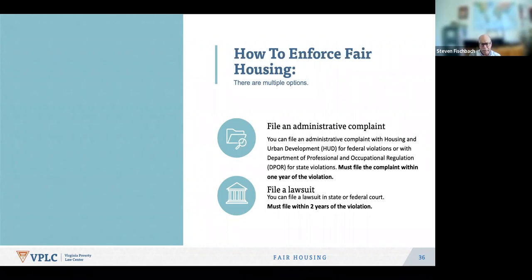And the important thing is that the complaint needs to be filed within a year of when the discrimination occurred.